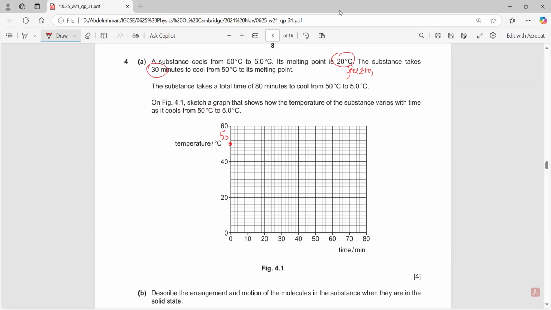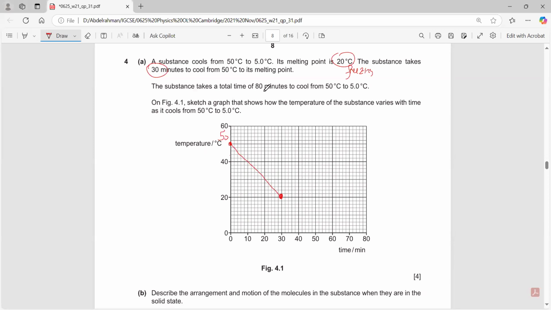After 30 minutes, it has reached this point, 20 degrees. It has cooled from 50 to 20 degrees Celsius after 30 minutes.